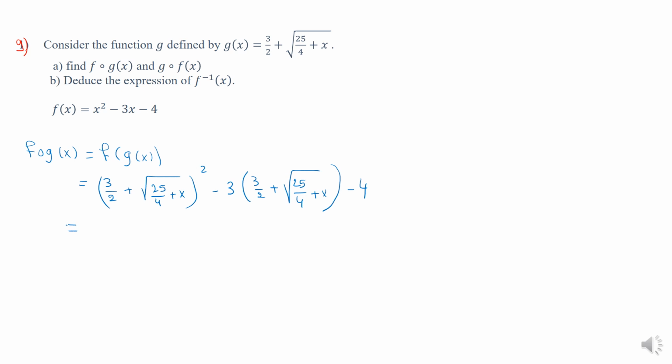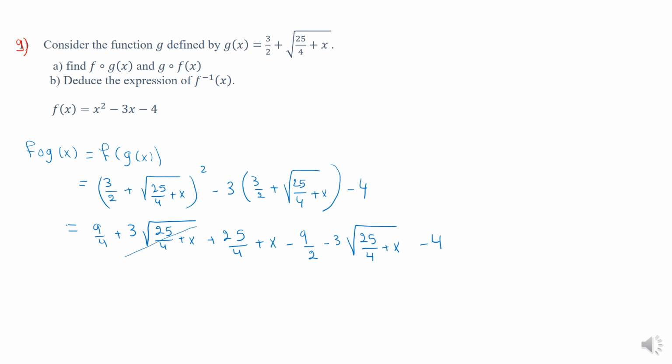This is the square of the first, 9 over 4, plus 2 times first by second, 3 radical 25 over 4 plus x, plus the second squared, 25 over 4 plus x, minus 3 into 3 over 2, 9 over 2, minus 3 radical 25 over 4 plus x, minus 4.